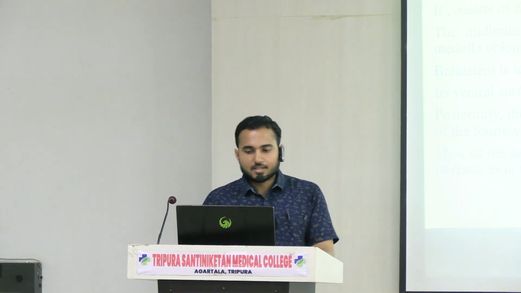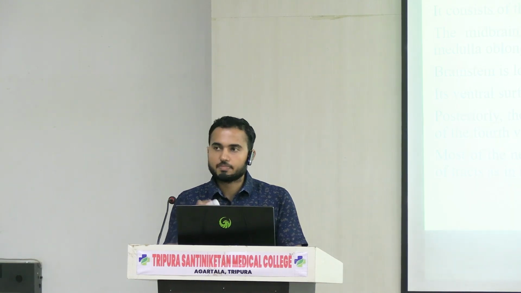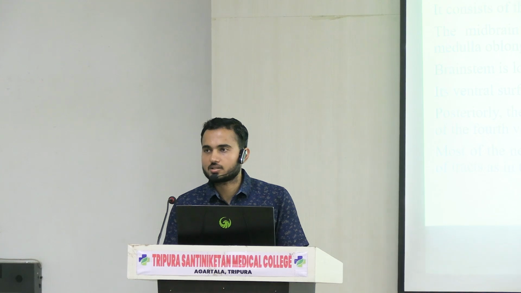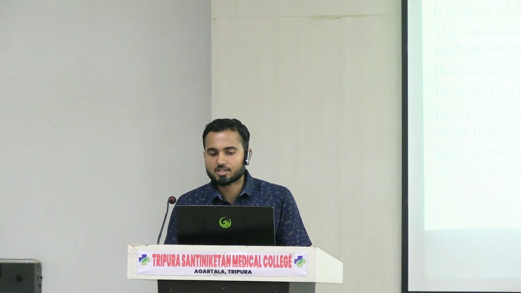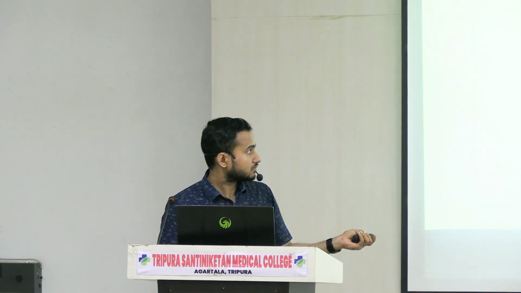Next, the location: it is situated in the posterior cranial fossa, the anterior part of the posterior cranial fossa, and it is lying on the clivus. Now, in the skull bone, have you seen the clivus? Let me show you the diagram of the clivus.